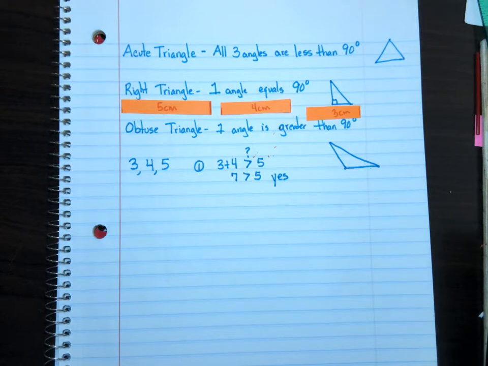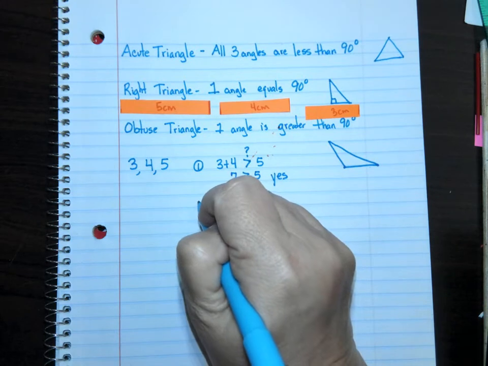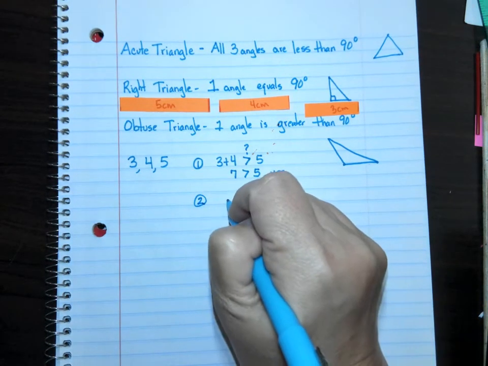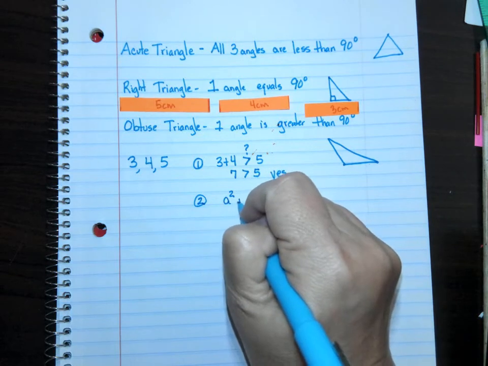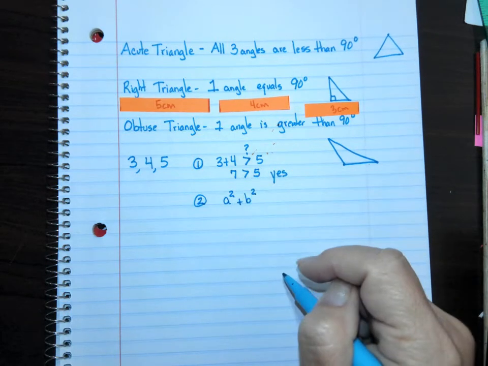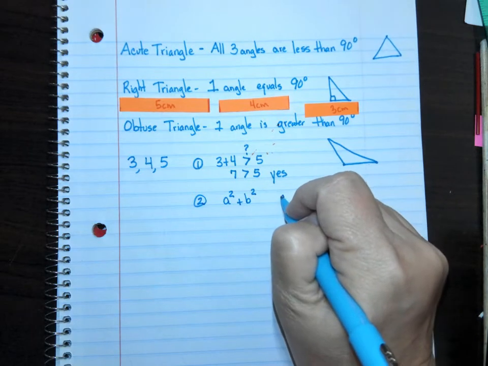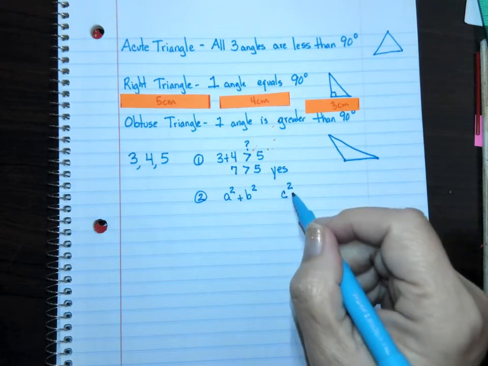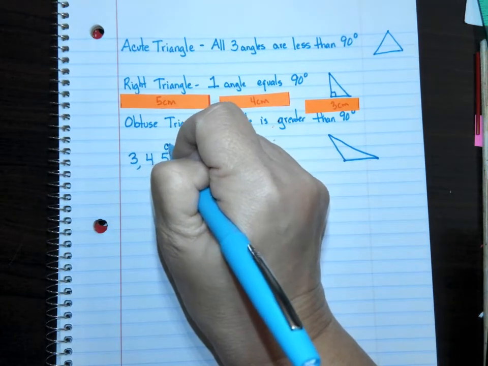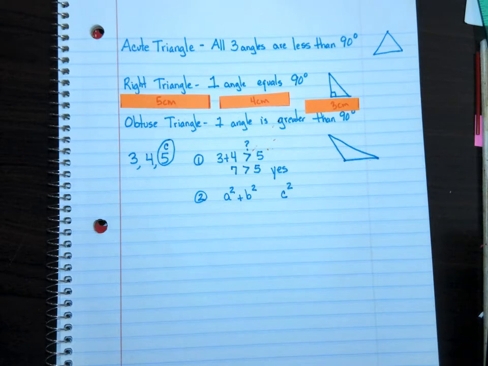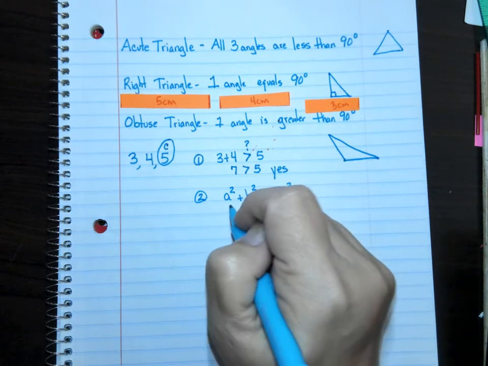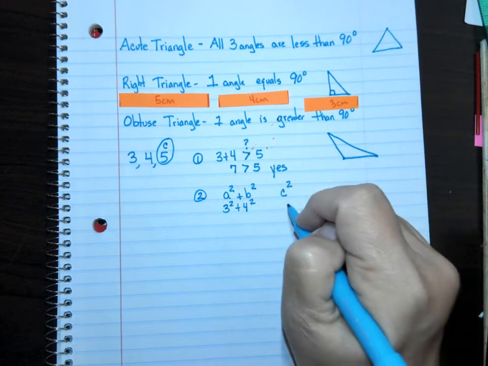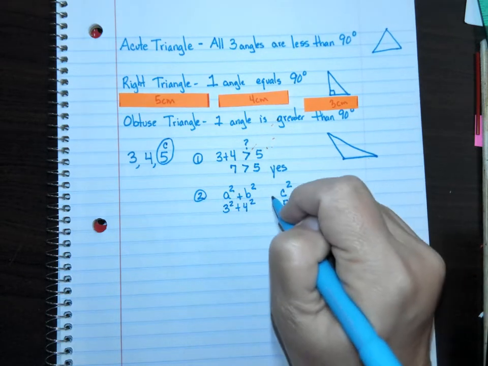So for our second part, we're going to figure out what kind of a triangle. And the way we do that is with the Pythagorean theorem. So we have a squared plus b squared on one side, and then we've got c squared on the other side. And remember, c is for our longest one, so c is the 5 right here. So I'm going to write 3 squared plus 4 squared, and over here is 5 squared.